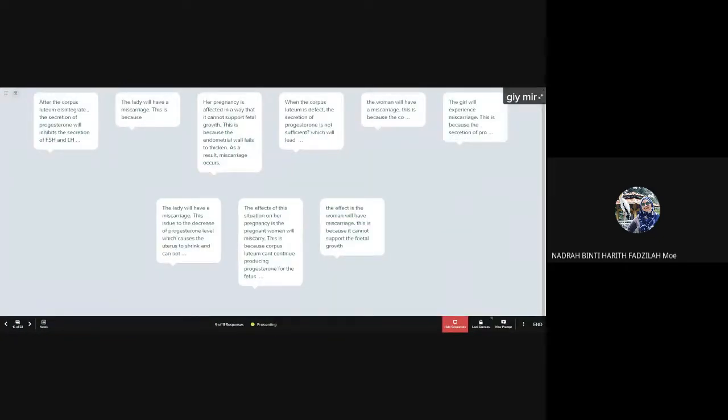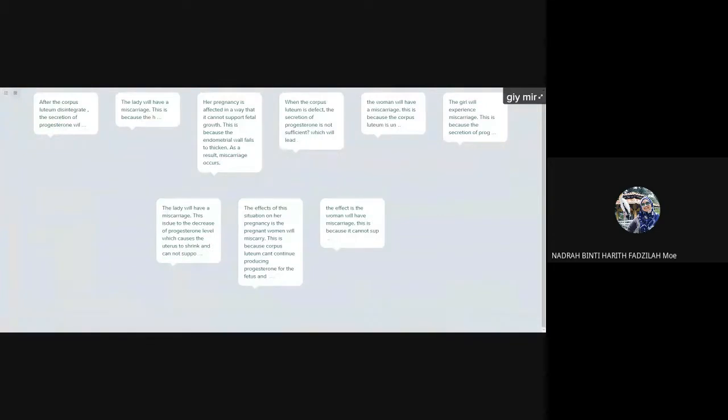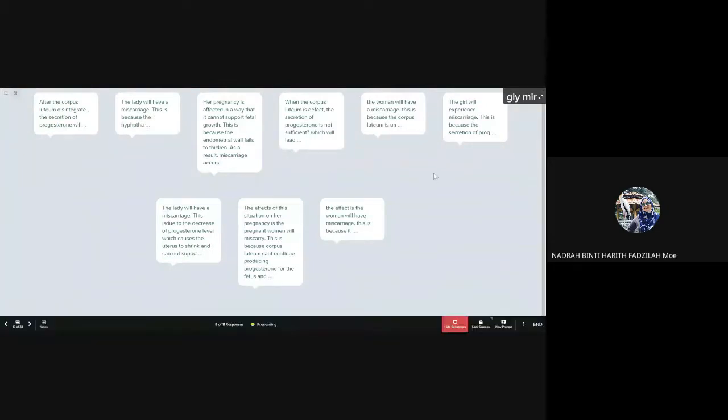Alright. Yeah, so secretion of progesterone is inhibited or decreases, because the corpus luteum is no longer there. Okay, I agree with you.